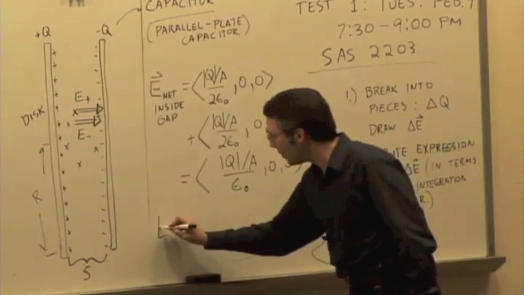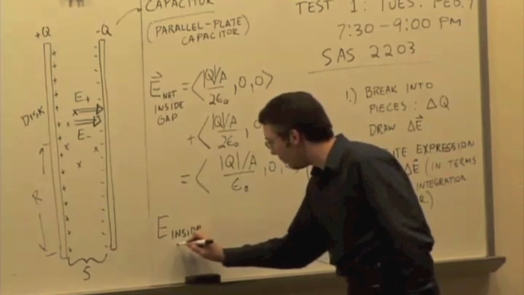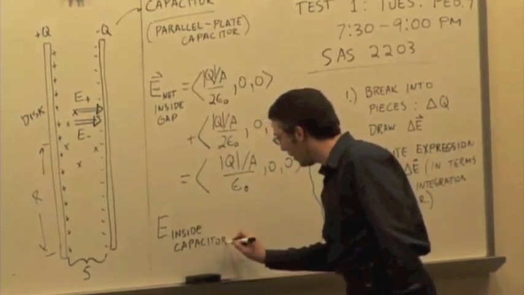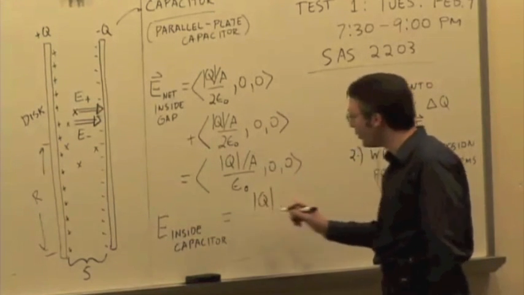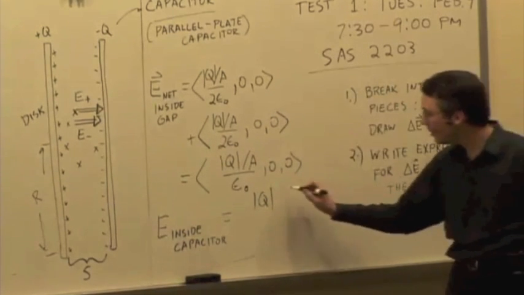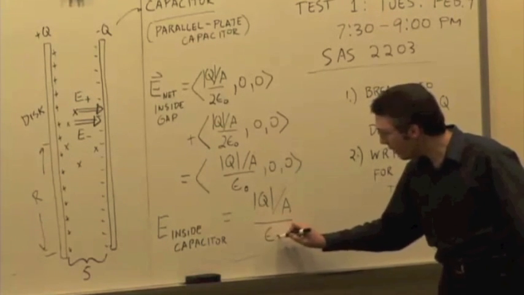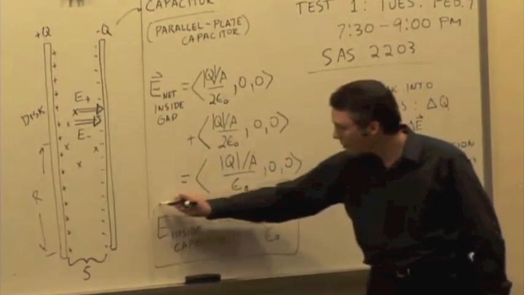So that's another useful result. Inside a parallel plate capacitor, the magnitude of the electric field is just the magnitude of the charge on one plate divided by the area of one plate divided by the constant epsilon 0. Okay?